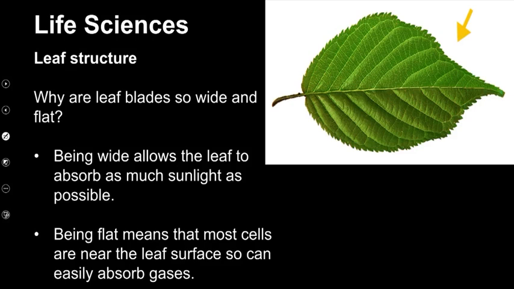So if we look at a leaf, it's got a broad, flat leaf blade. And that leaf blade is flat and thin because it has a large surface area, so that when the sun's rays hit it, the leaf can absorb as much sunlight as possible so it can do as much photosynthesizing as possible.